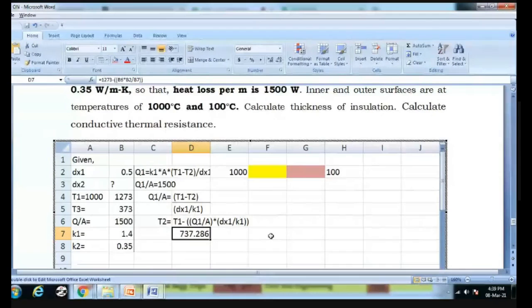Is it correct? I get 737. Is it correct, or do you get some different answer?